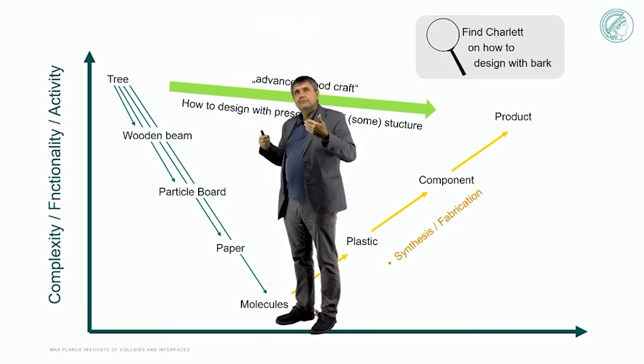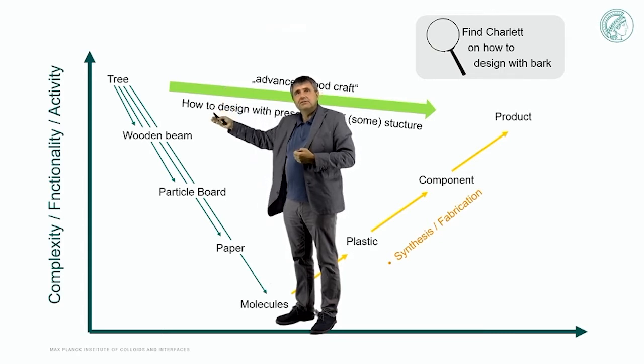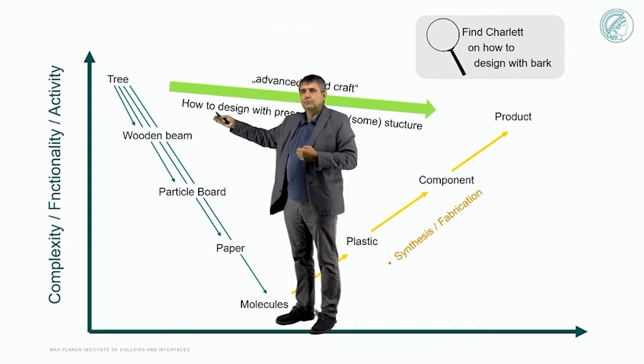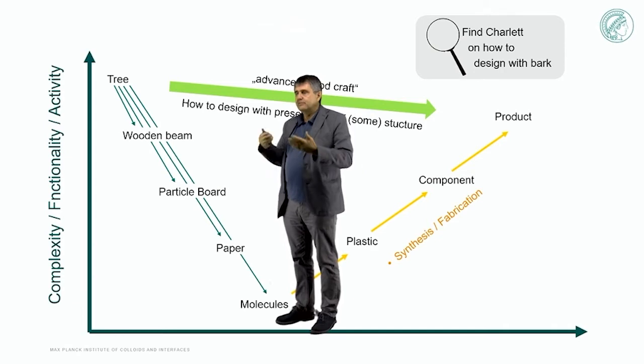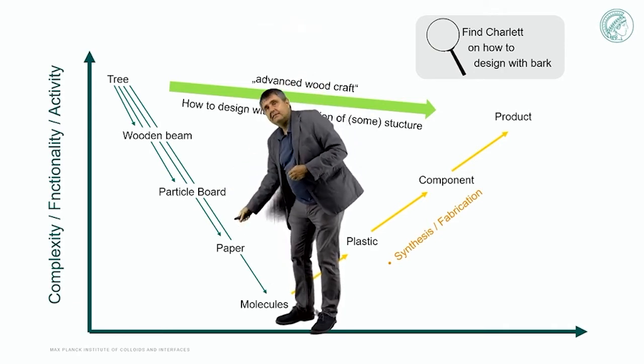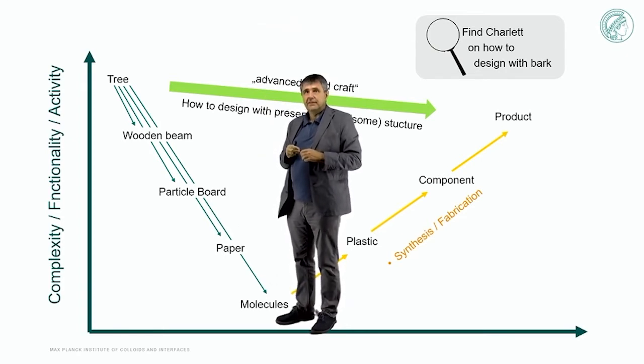And for the technical use of wood, typically we are reducing the complexity to use, for example, wooden beams or plywood arrangements or cardboards, paper, and even at the end, molecules that you can turn into fuels.